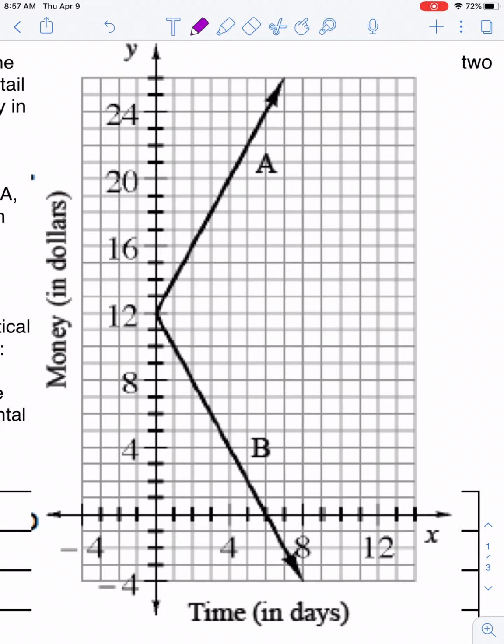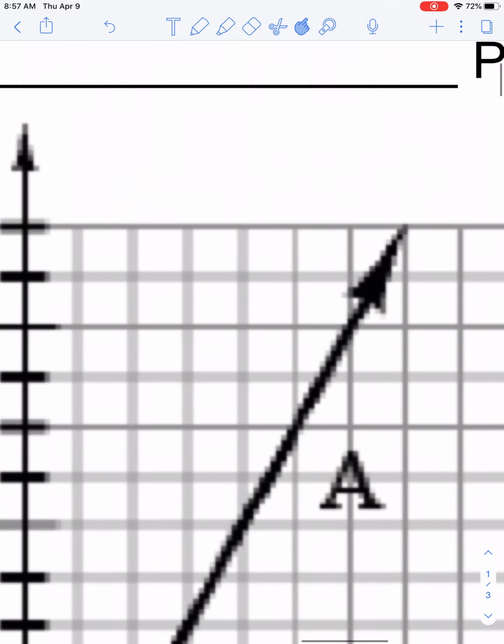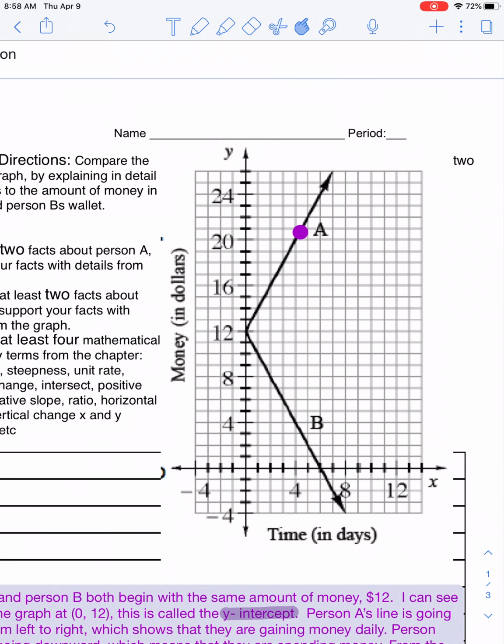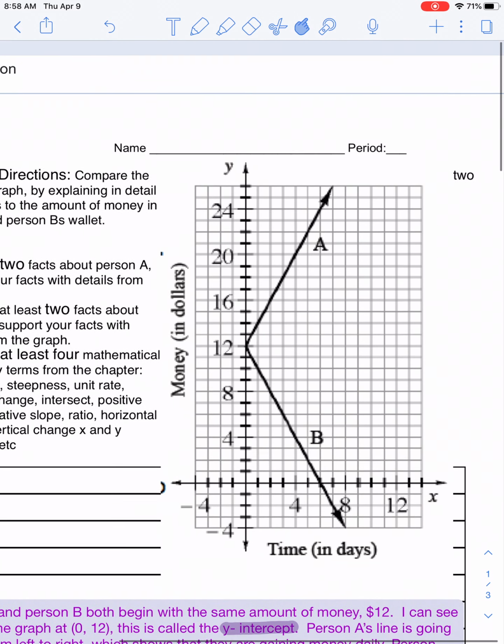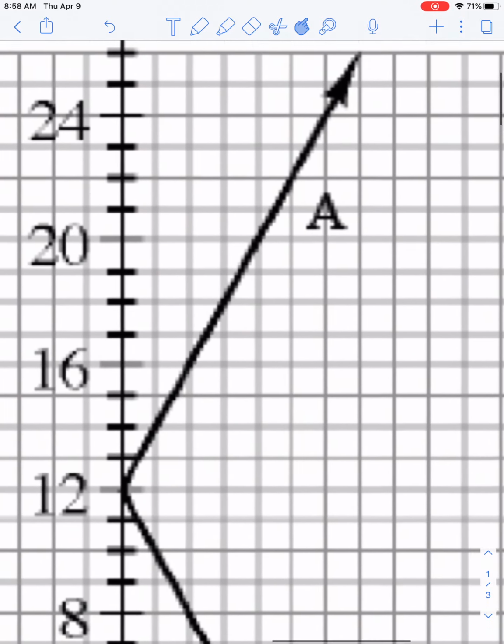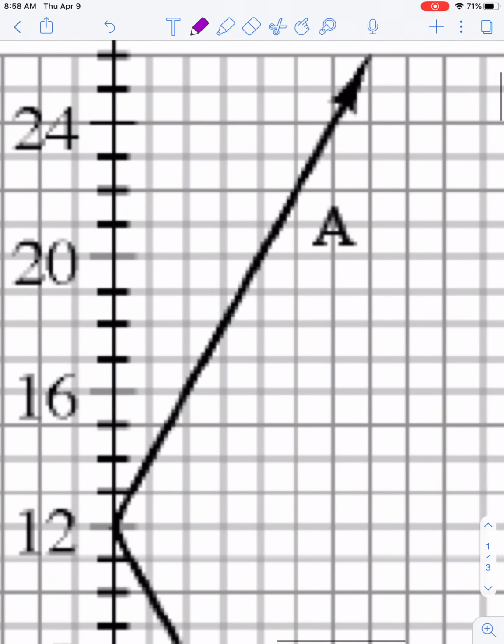So I would not want to choose this point right here. That's too big, but you get the idea. I would not want to choose that point because I don't know that point. I want to choose points that I know, points that I can know the exact values of.